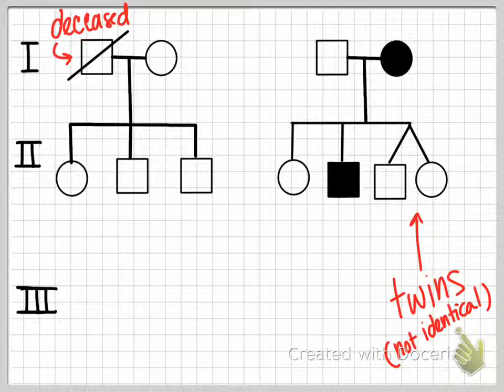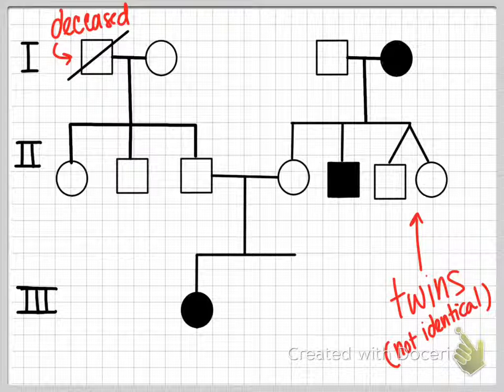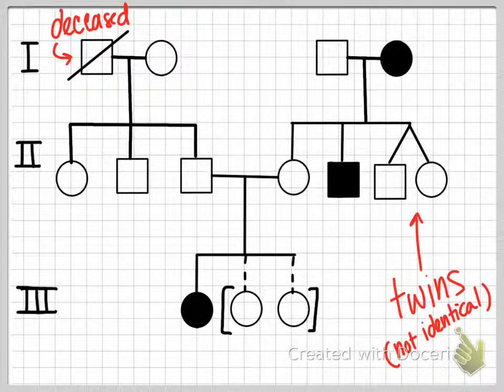Okay, so we've got our 2 families, one with 3 offspring, one with 4 offspring. Now, those 2 partner, marry, mate, whatever, they have a baby, as shown by the fact that they've got a mating line and a line of descent. So they have 1 daughter, she's affected by whatever this condition is, and then, for whatever reason, they have 2 more.